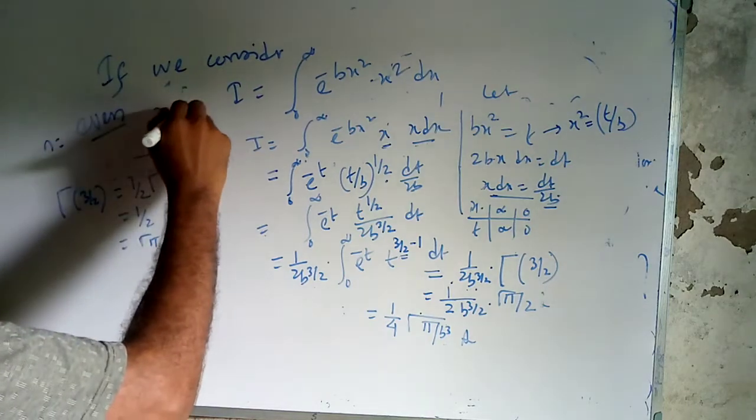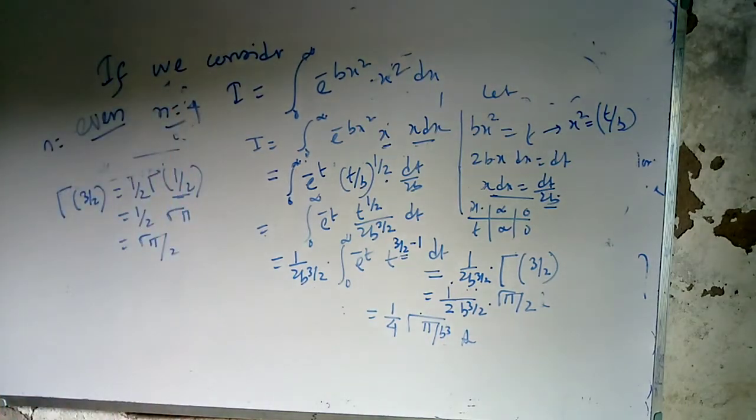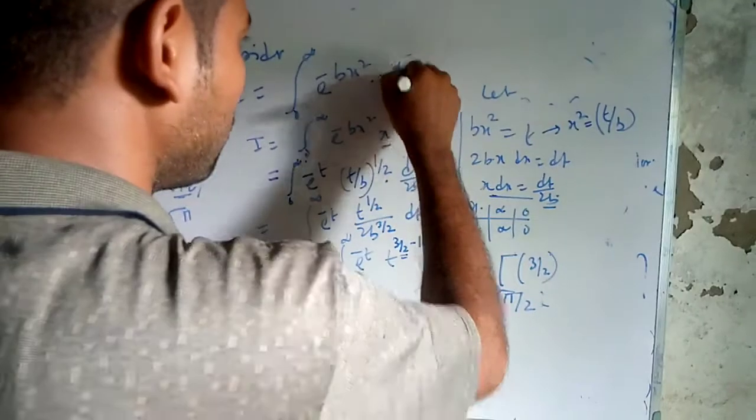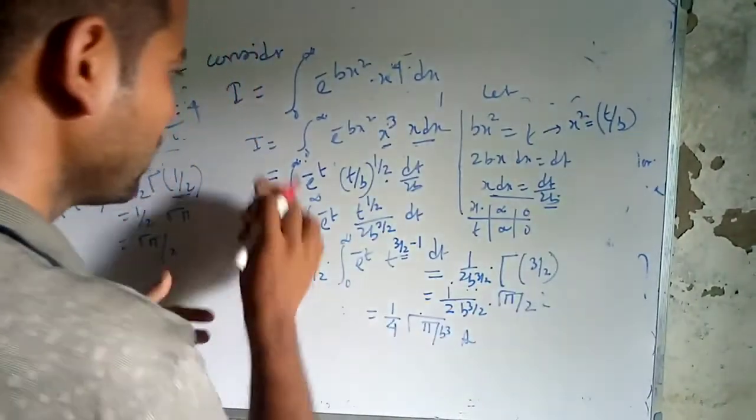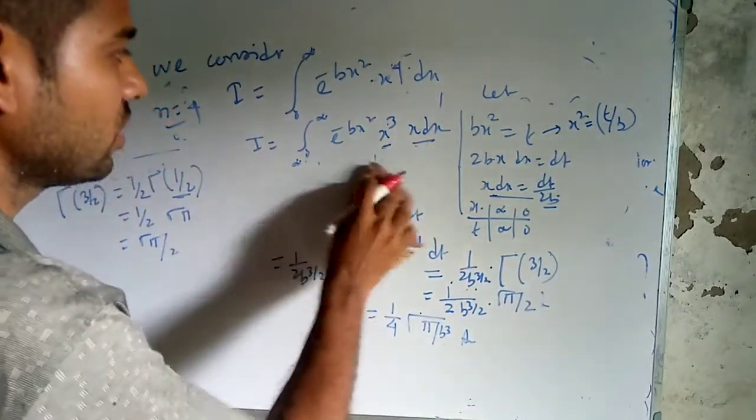If we consider another even function, n is equal to 4, we put in 4, so the integrand is x to the 4 into dx, and this also changes here.